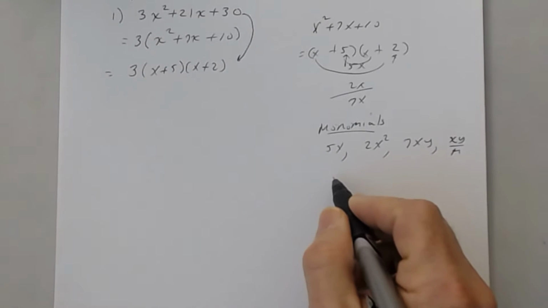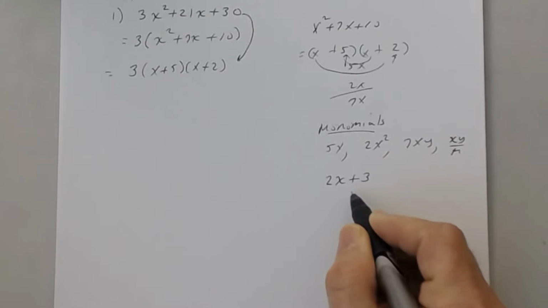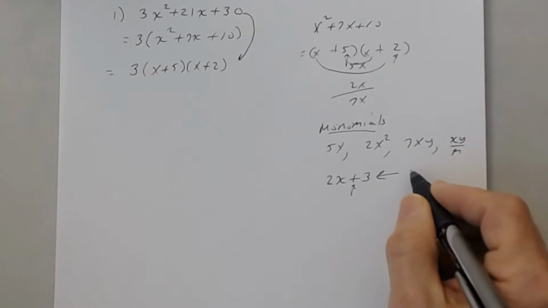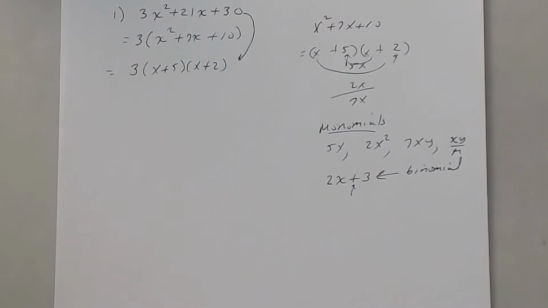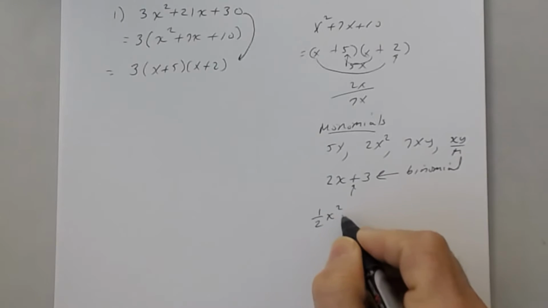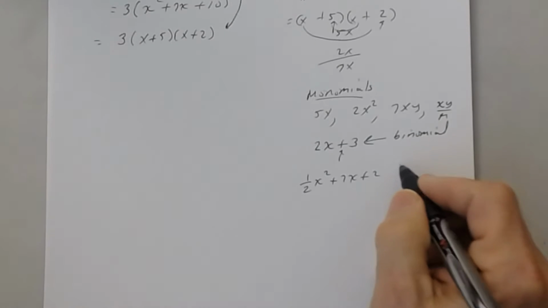If you see an addition, something like 2x plus 3, see where you have that addition symbol? That's no longer a monomial. What kind of polynomial is this? It's a binomial. Okay? And if you have something like 1/2 x squared plus 7x plus 2, that's a trinomial.